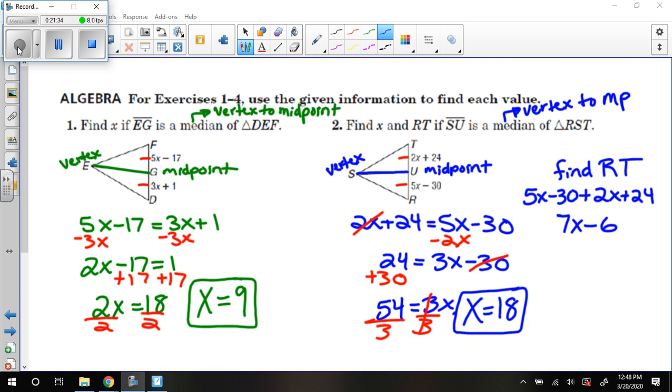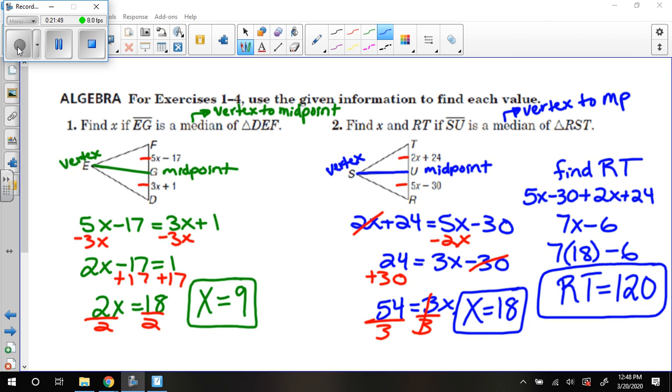We have 7 times our x, which is 18, minus 6. So RT, if I simplify that, is 120. So x is 18, and when you plug it in to find RT, you get 120 for that whole segment.